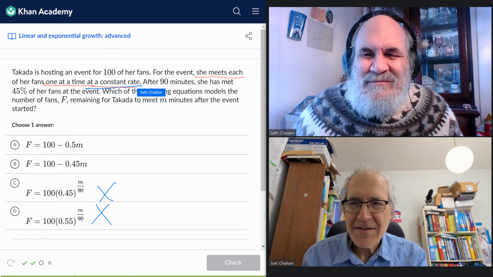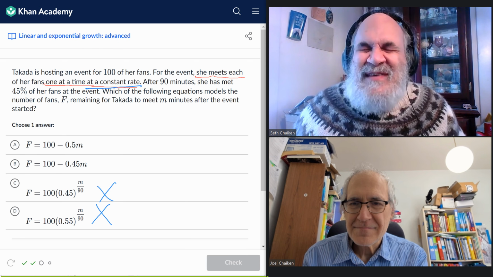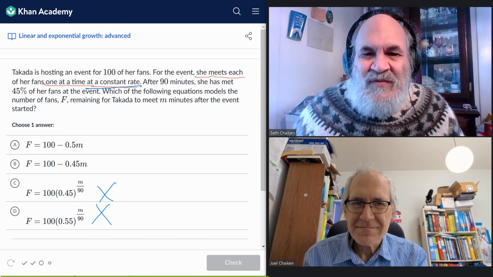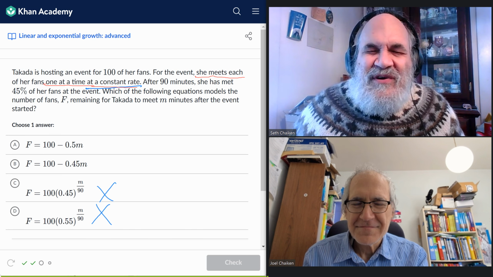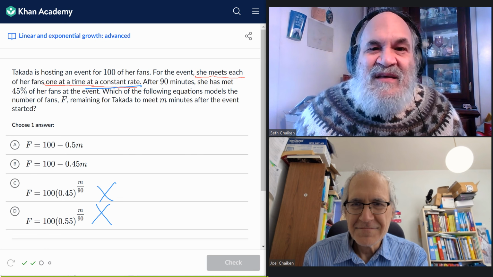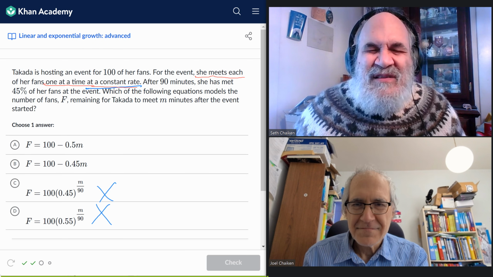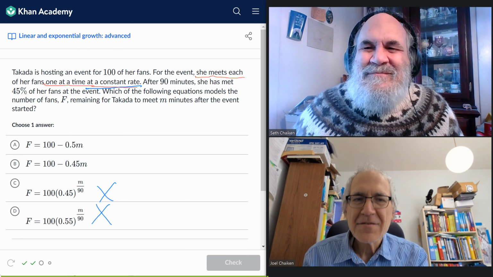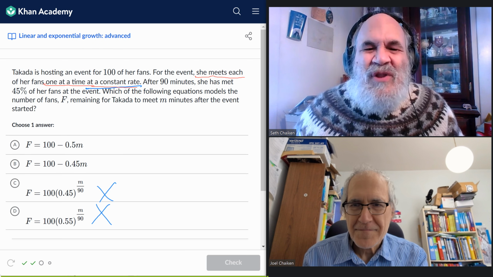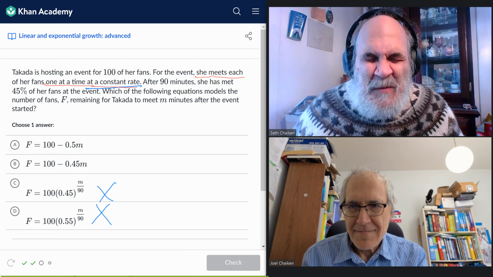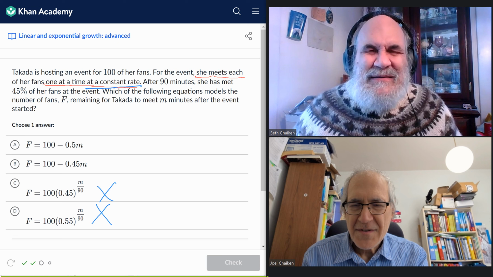So rather than say it seems like it's not exponential, the first line in the problem tells you that it has linear behavior. And so you could rule out the exponentials immediately.